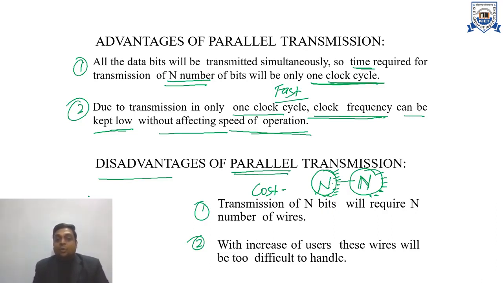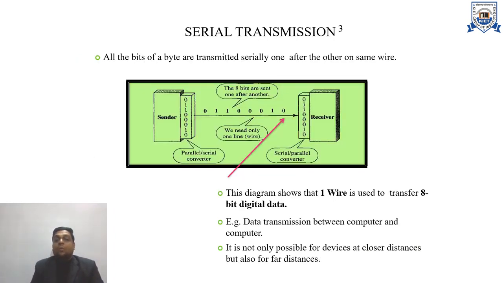To overcome the disadvantages of parallel transmission, we have serial transmission. Now what is serial transmission? In this, only a single wire is used to transmit every bit. Only a single wire is used for transmitting n bits.